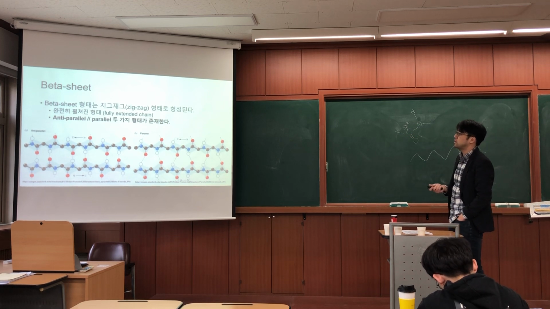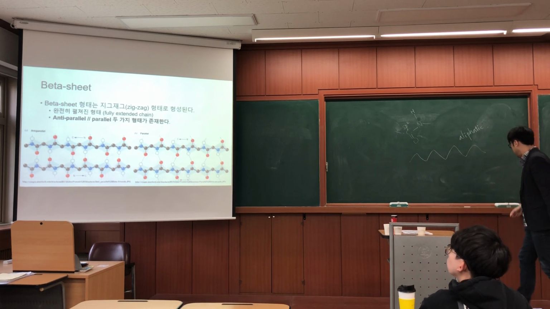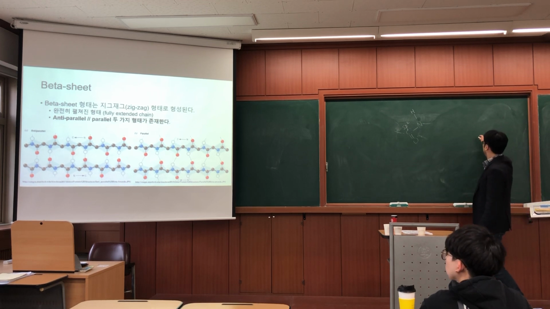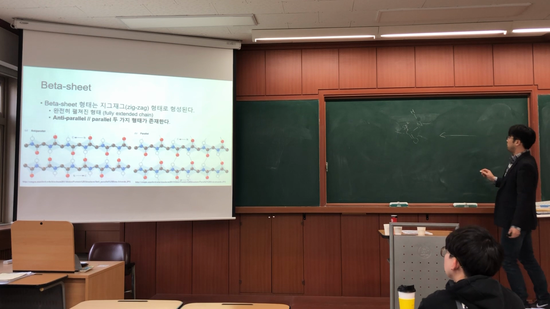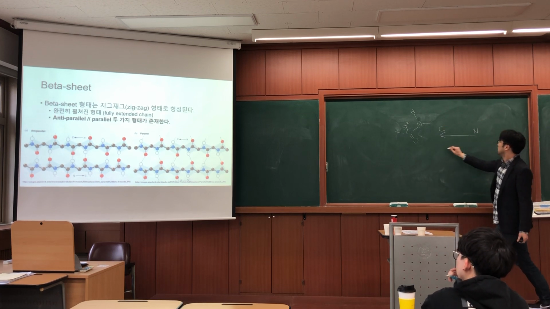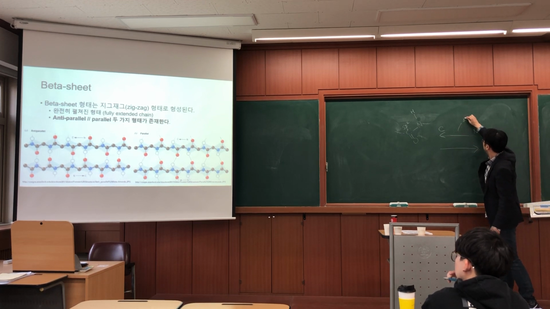And there are two types of beta sheet structures. One is anti-parallel and one is parallel. As I told you, there is a direction, always from N terminal to C terminal. Two amino acid chains can be aligned like this; this one is called anti-parallel.